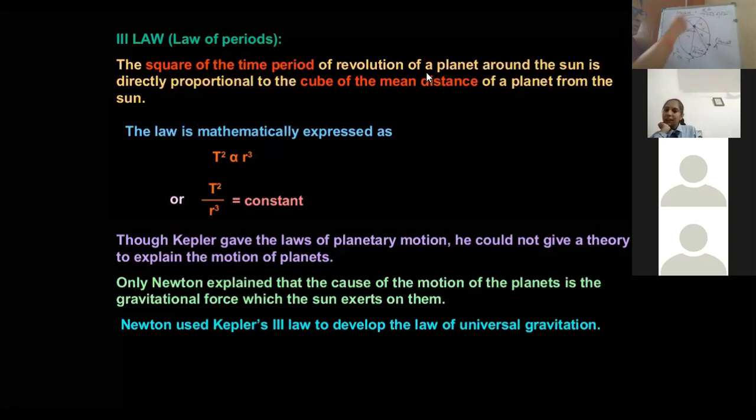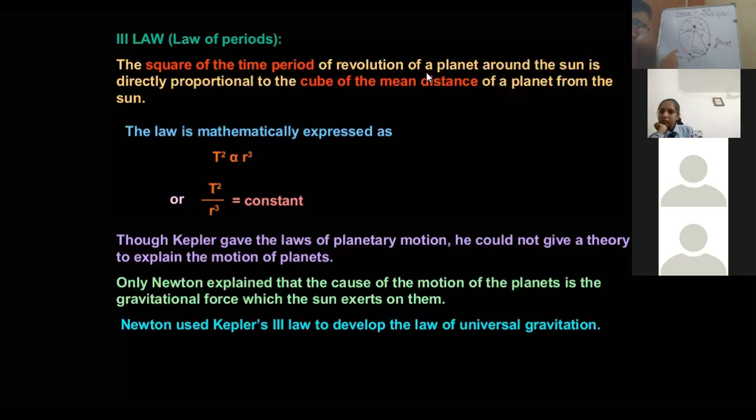or let the mean distance of the planet from the sun be R. Then how can you express Kepler's law mathematically?